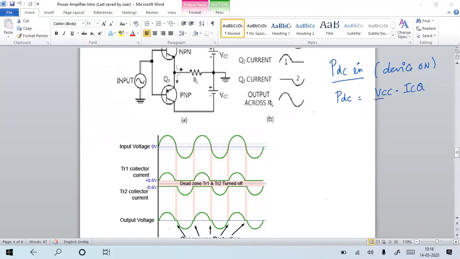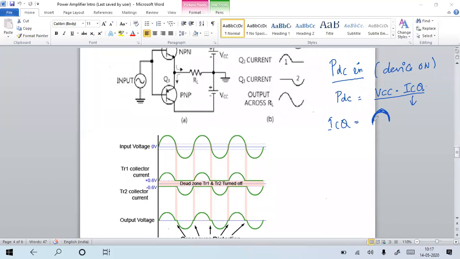How can I calculate this ICQ? It is a DC current. The transistor is getting turned on because of the input signal. So what is the nature of the input signal? The input signal current is sinusoidal, an alternating signal, with instantaneous values coming.